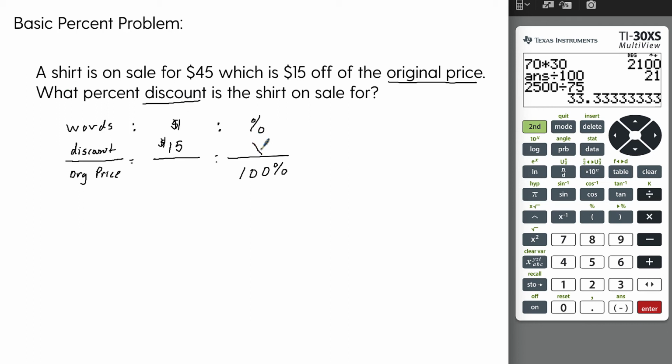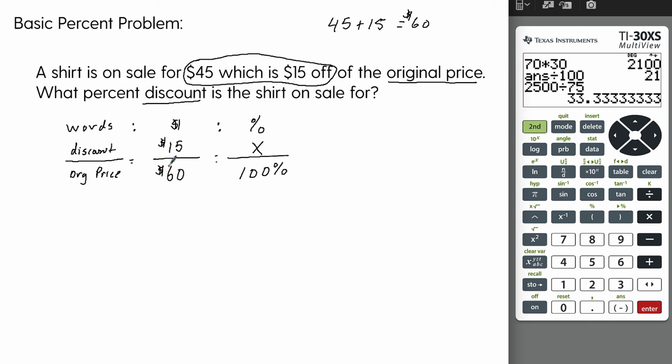So this is what we're trying to find, the percent. So what's the original price? Well, we can find it when we combine these two. $45, which is $15 off of what it was. So what was it previously? If it's 45 now and you add back the 15, the original price was 60.